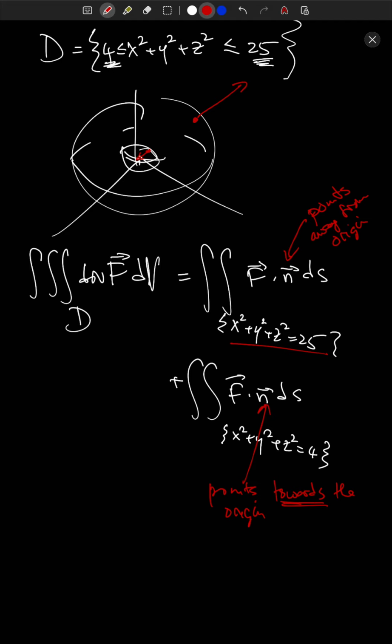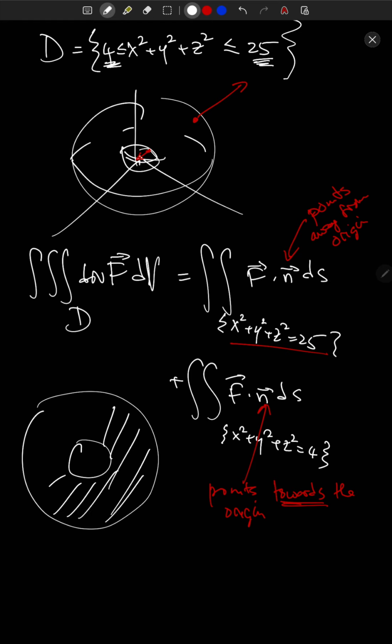This is directly analogous to the situation in the plane, where this is your region, and you would have two boundaries, the big circle and the smaller circle. For the outside big circle, your normals point like this, pointing away from your region. The other normal points into the region.